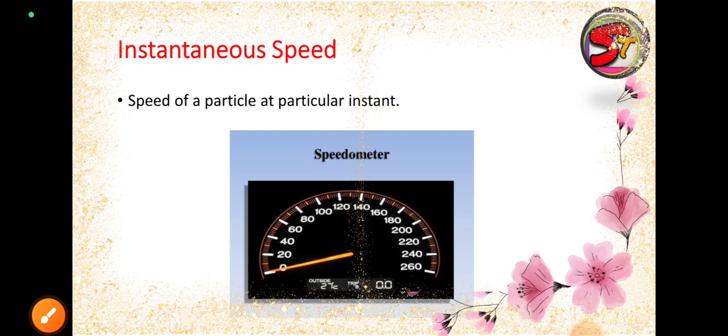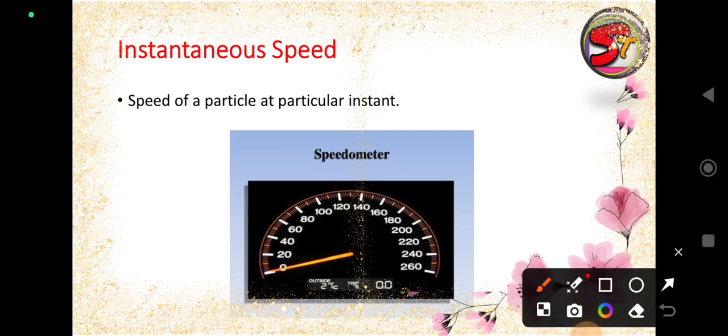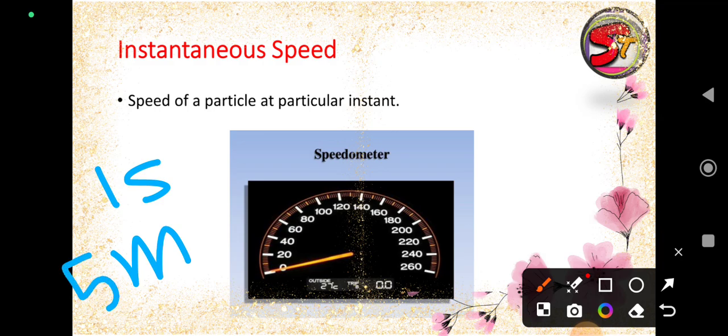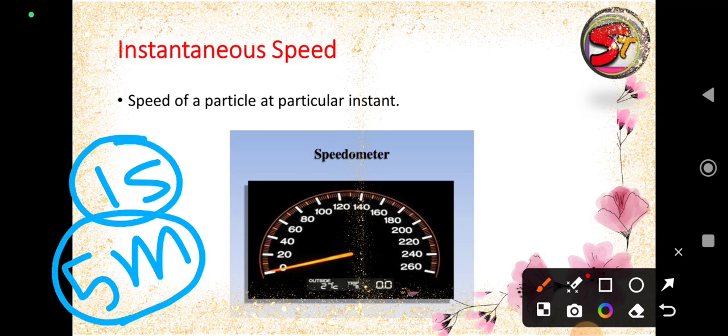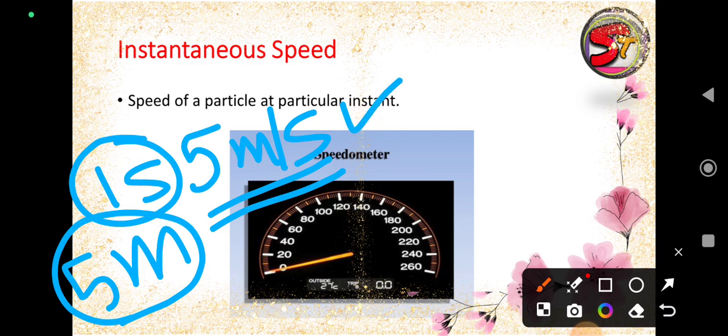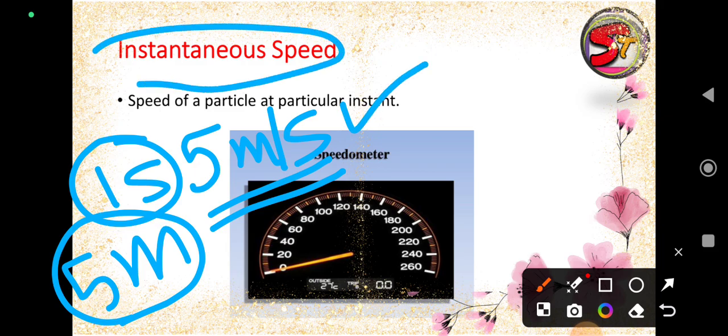See, the next one is instantaneous speed. What do you mean by instantaneous speed? Here, whatever speed is developed at that particular instant of time. For example, the object is moving 5 meter distance in 1 second, right? So in that particular second, the speed developed will be equal to 5 meter per second, right? So that 5 meter per second is the instantaneous speed at that particular time.